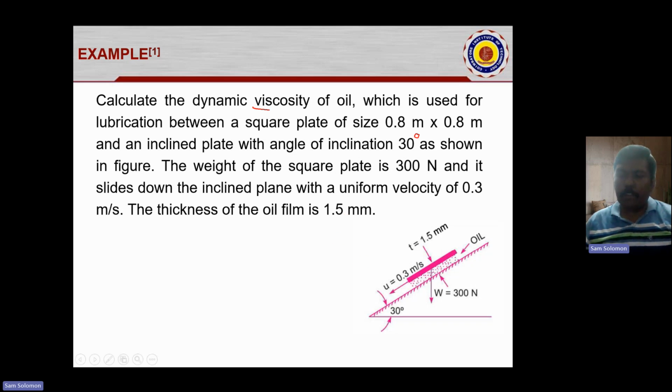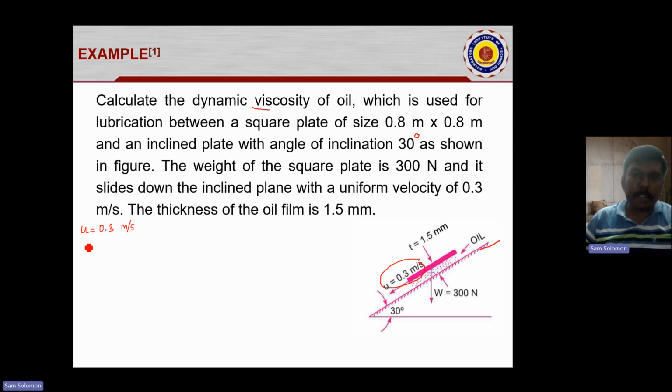Okay. So now if you look at the diagram that is given to us, we have got two plates. This is the inclined plate, which is stationary. And this is the moving plate that is sliding with the velocity u equal to 0.3 meter per second. So if we write down the given details, we have got u, that is 0.3 meter per second.